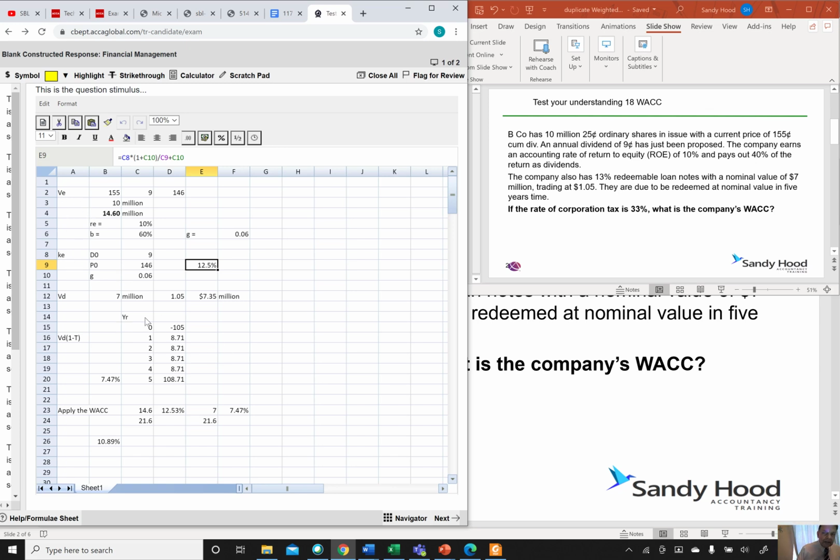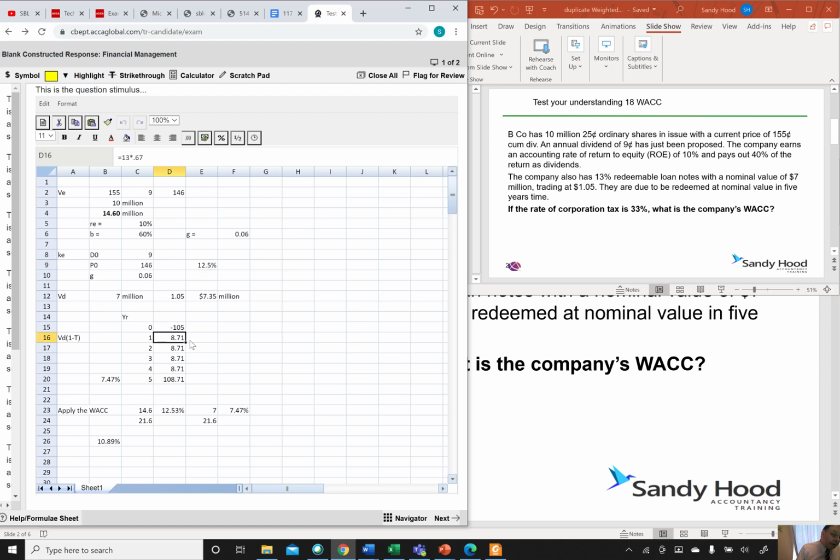Then I move on to my valuation of the debt, and here we know that it's 1.05 times 7 million, so that gives me 7.35 million. And then, because I'm using the ACCA spreadsheet, I don't actually have to do a lot of calculations in order to find out what my cost of debt is.